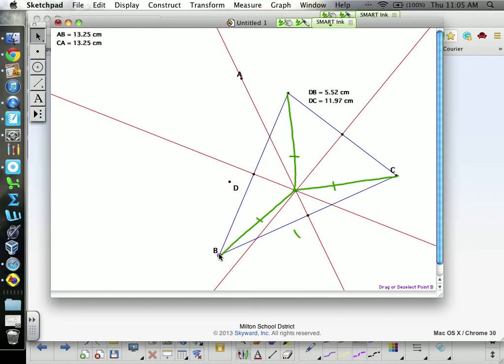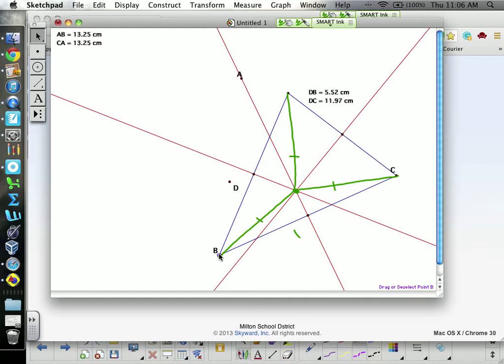So this point that is created is equally distant from all 3 vertices of the triangle. Some would consider this the center of the triangle, because the distance from that point to each vertex is exactly the same.